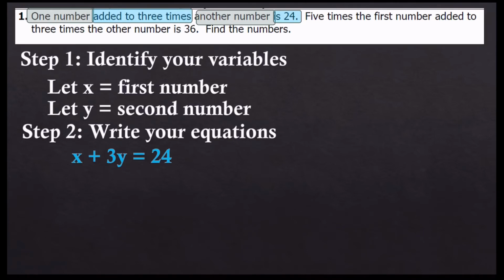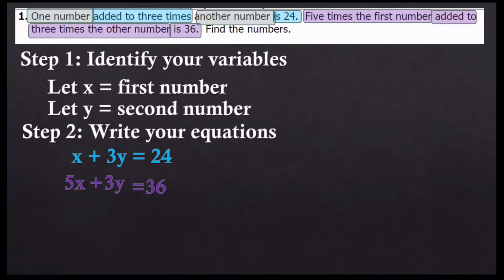So now I have to go through, there is going to be another scenario. I have 5 times the first. Well, what was my first number? X, so it's 5 times x. Added to, so plus 3 times the other. Well, what was the other one? Y. And then it says is 36, so equals 36.